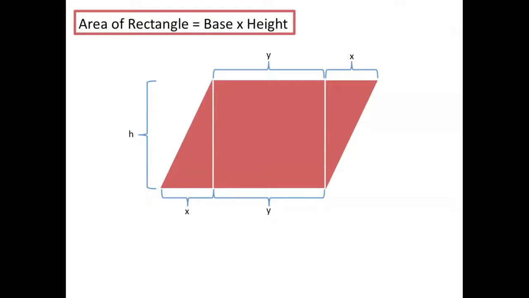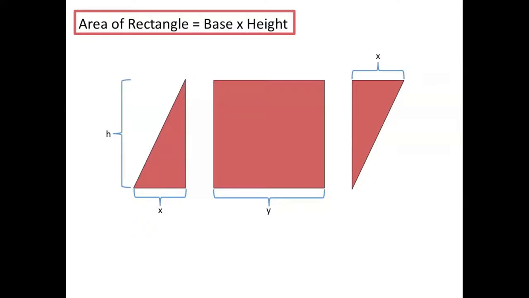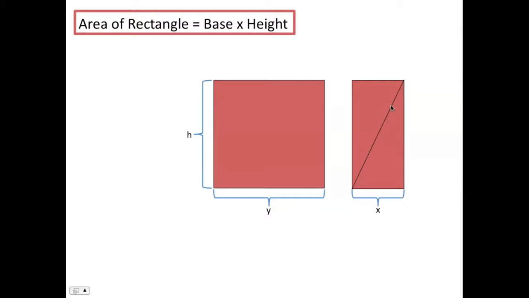So now that we denoted each of the sides' lengths, let's move the triangles away from each other, and let's bring this triangle right here closer to this triangle. By doing that, we end up with two rectangles. This rectangle has a height of h and a base of x, and this rectangle has a height of h and a base of y.